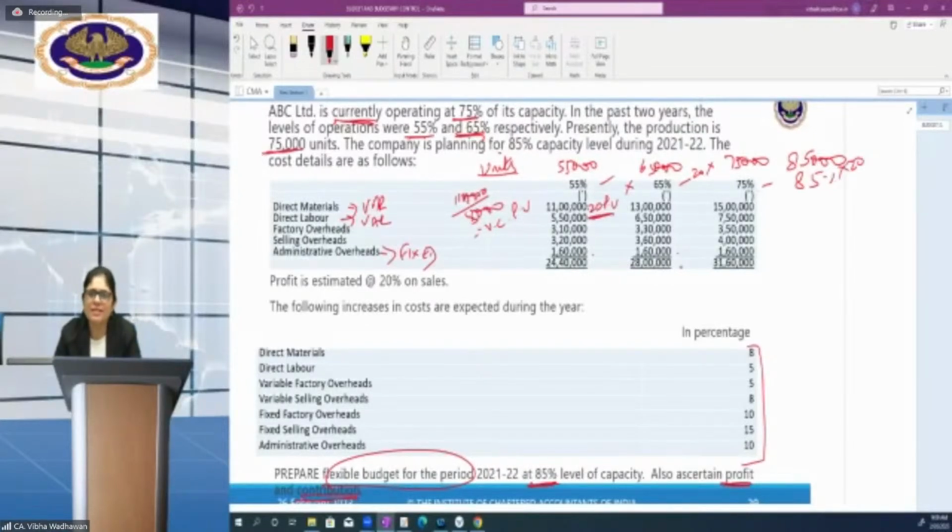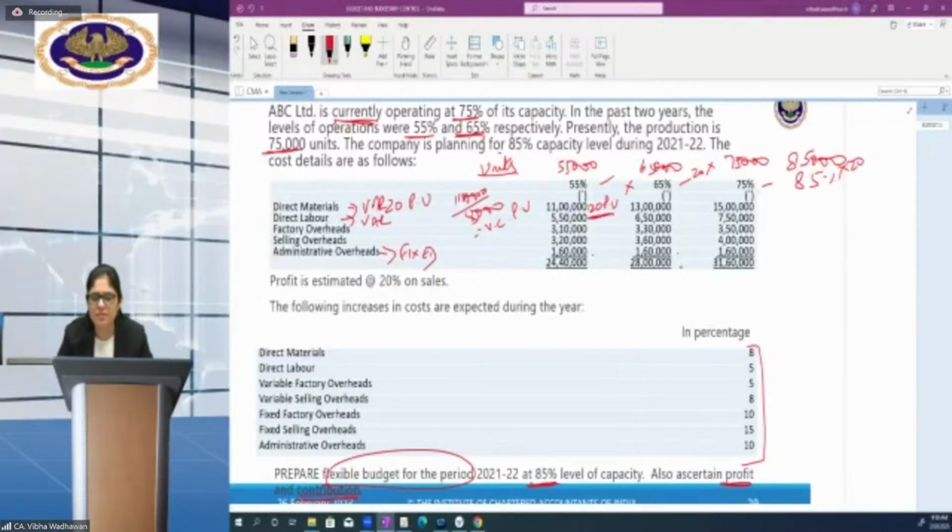So I think you can safely calculate the direct material for 85,000 first. So 20 per unit is the variable cost per unit, the raw material cost per unit. For variable, calculate the per unit cost. Labor also, calculate the per unit cost for labor.